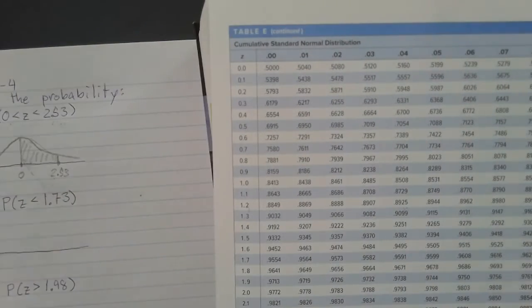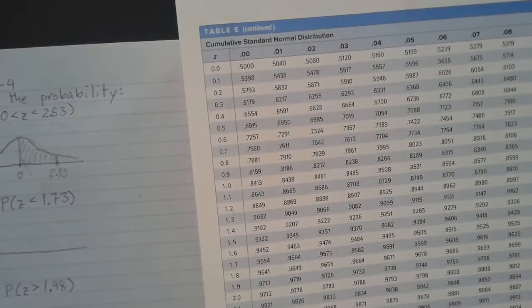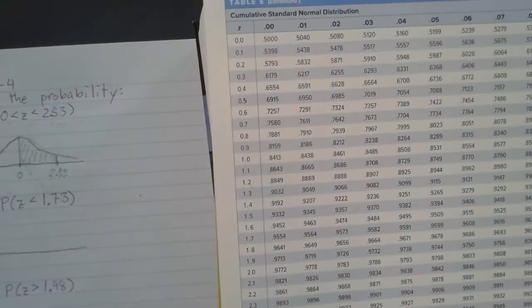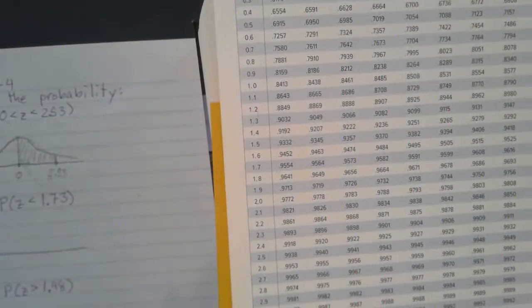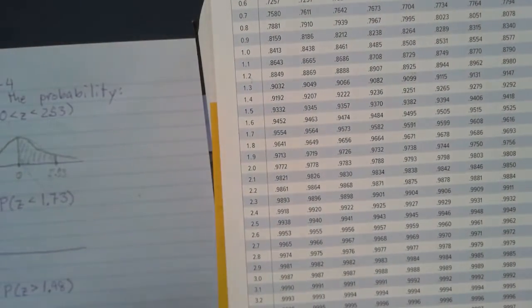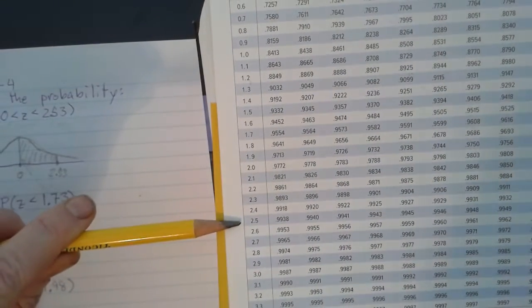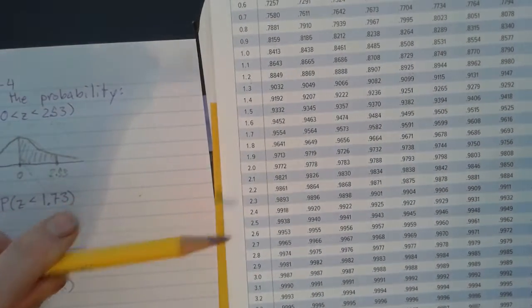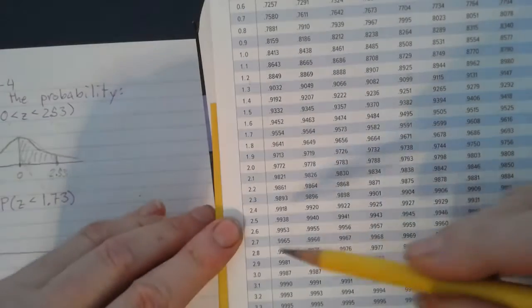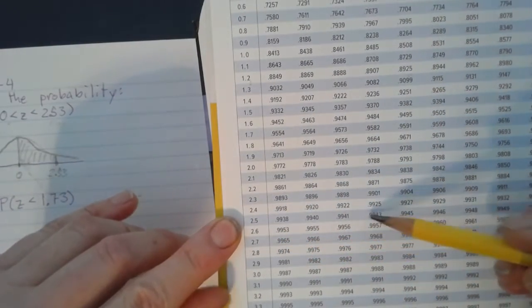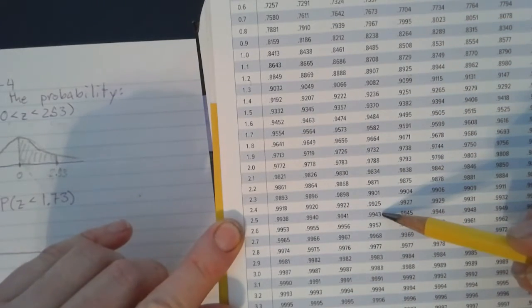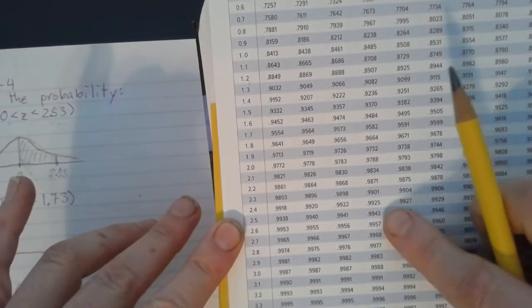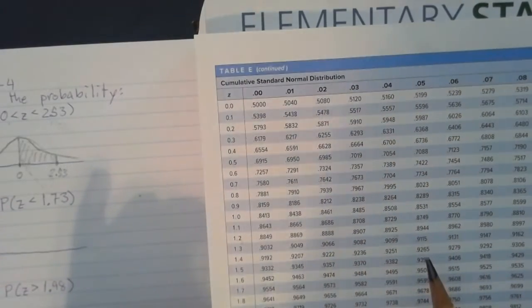First of all, we're going to look up the left area for 2.53. Finding 2.5 on our row. There it is. And then 0.03 for the column. So we trace over to the 0.03 column. Make sure I'm reading in the right column.